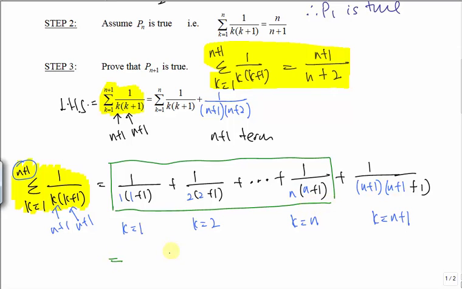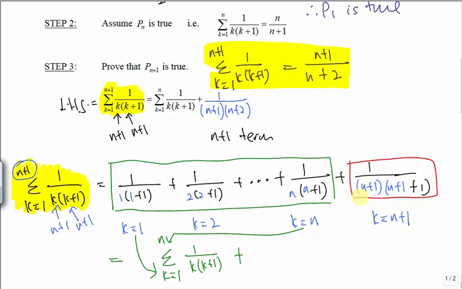This expression is actually the summation of k equal to 1 to k equal to n, plus this expression here. So let me copy down this expression. Therefore, the summation of k equal to 1 to n plus 1 of this expression can be simplified into the summation of k equal to 1 to n only, the same expression, plus this expression here.